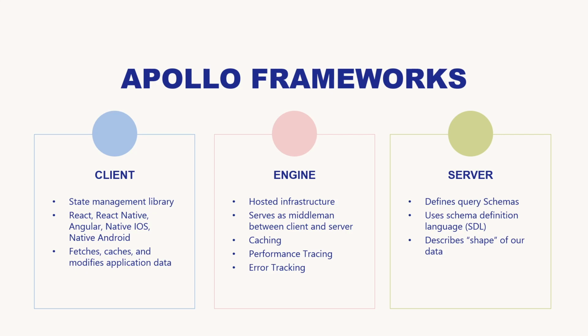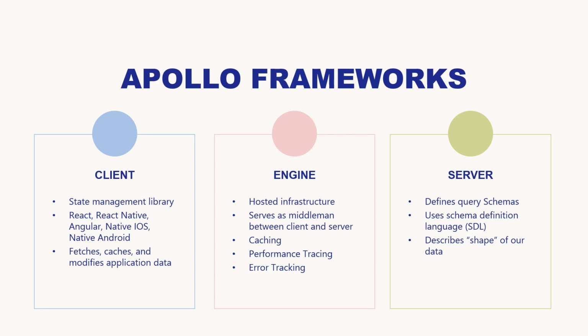And then you also have Apollo server. So this actually is the server end, and it defines the query schemas. So the schemas are actually the touch points of your front end. They are defined using a schema definition language. And schemas just represent how your app works with the data that it needs.